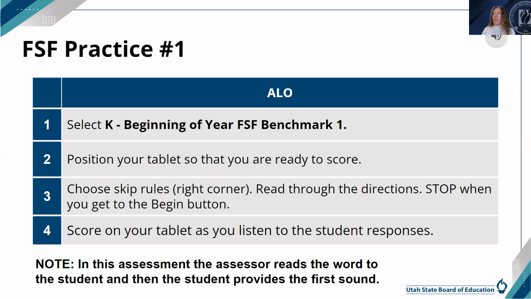Choose skip rules in the corner. You're going to score the word man. So just click in that M box, select that M box, and then select next. Score the word moon.